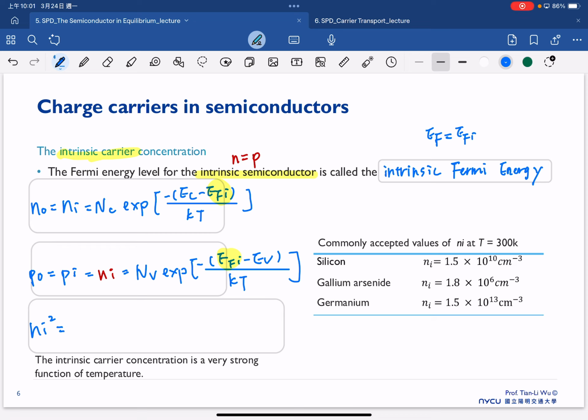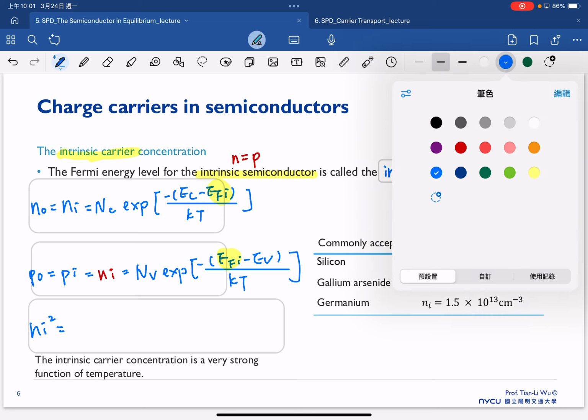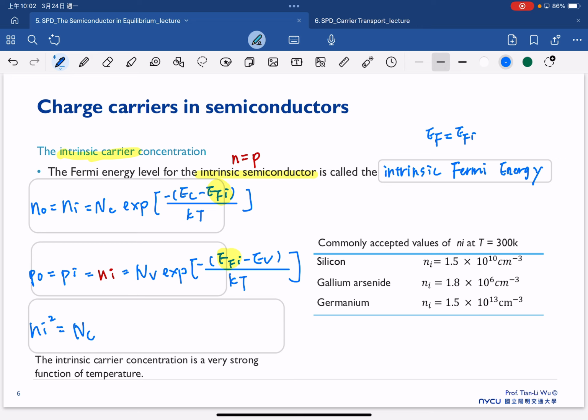Ni square can be considered as this one times this one, and this one is equal to this, and this one is equal to this, and therefore Ni square is equal to NCNV exponential, and the top one is EC minus EV.